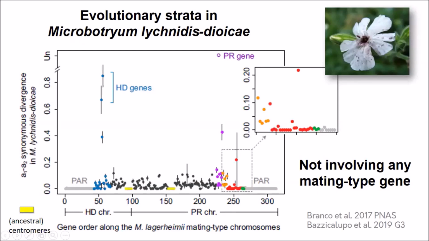So this bump of divergence around the HD gene in blue and around the PR gene in purple, all the species had them. Even the species that had still recombining mating type chromosomes, they still had recombination suppression around each of the PR and HD genes, and with a very ancient trans-specific polymorphism. So this means that there have been two very ancient evolutionary strata around each of the PR and HD genes.